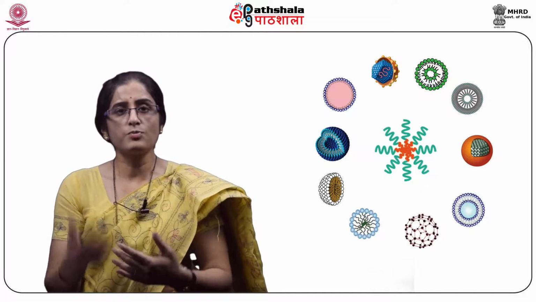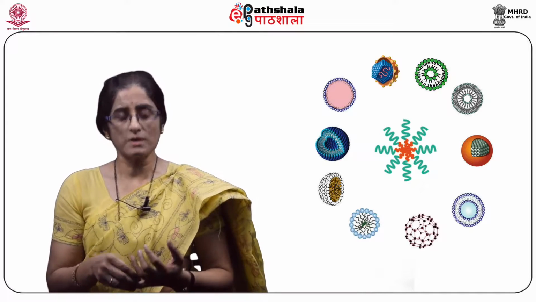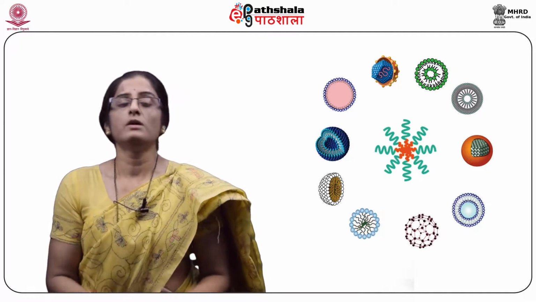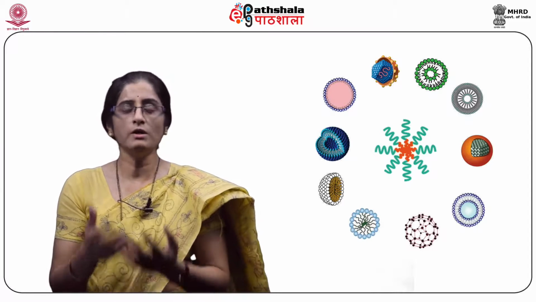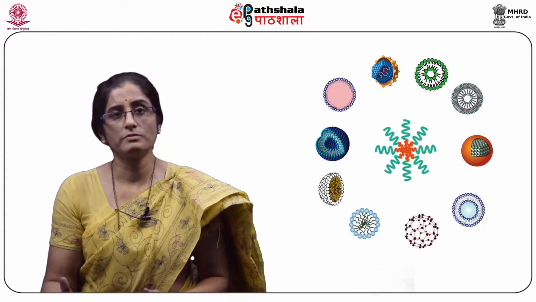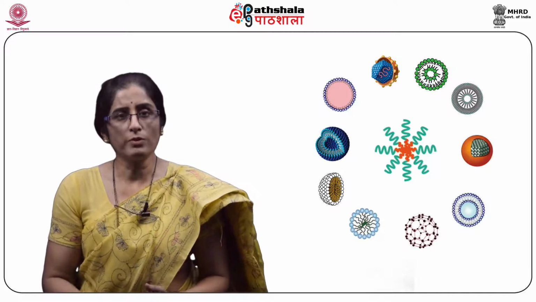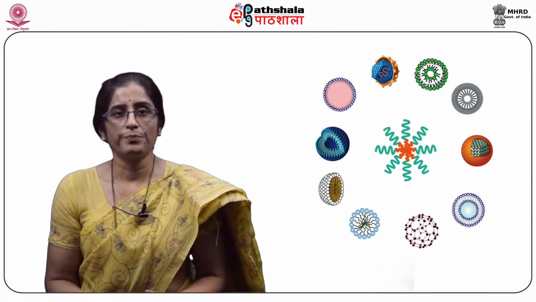There are various process variables which can affect the process. The first is the concentration of the polymer and the drug, which directly affects the viscosity of the material which we are going to spray into the equipment. When the viscosity is more, it will be difficult to get the nano spray.